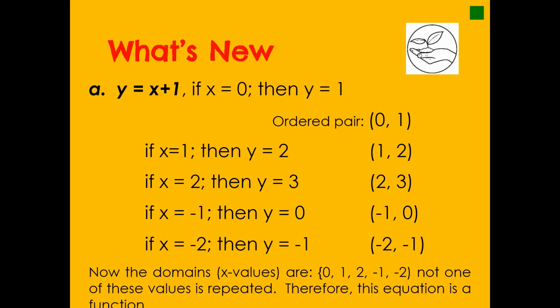If x is equal to negative 2, then y is equal to negative 1. (-2, -1). Now the domains are 0, 1, 2, negative 1, and negative 2. Not one of these values is repeated. Therefore, this equation is a function.